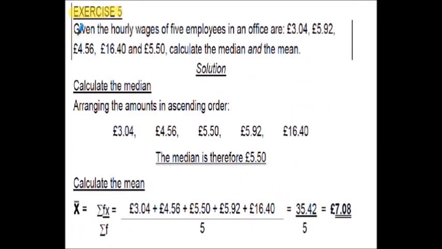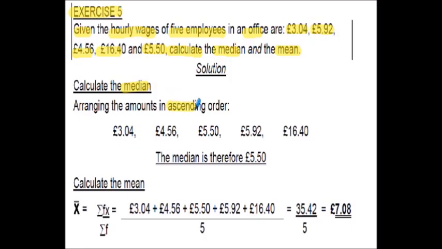Exercise 5. We're given the hourly wages of 5 employees in an office: £3.04, £5.92, £4.56, £16.40 and £5.50. We're asked to calculate the median and the mean in this case. So calculating the median, don't forget that to find the median, we have to put our data set in either ascending or descending order.